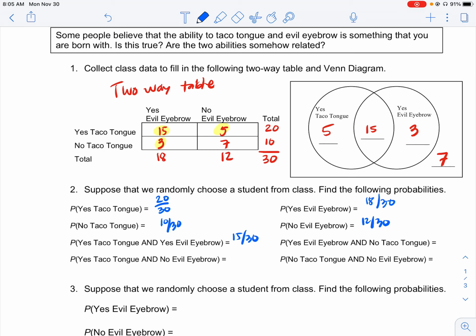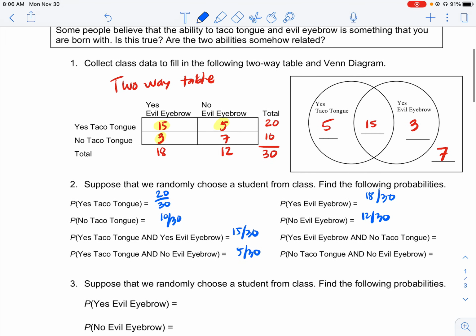Next, the probability that they can do taco tongue and, in probability, and means at the same time, they cannot do evil eyebrow. That is 5 out of 30.